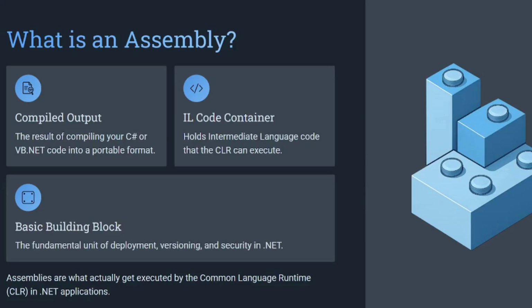Means inside it, you'll have the IL code, which represents the program logic, and the metadata, which gives details about classes, methods, and properties. So instead of having things scattered, everything is neatly organized into a single unit. And because of this, the CLR can easily load and execute it. You can think of an assembly as a complete and organized package of your application, which makes execution and management much easier.